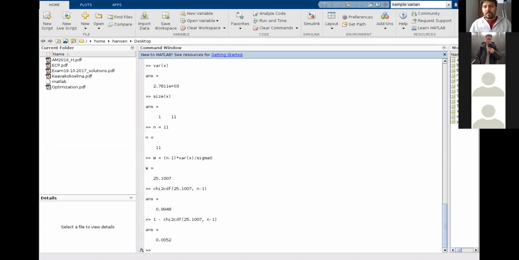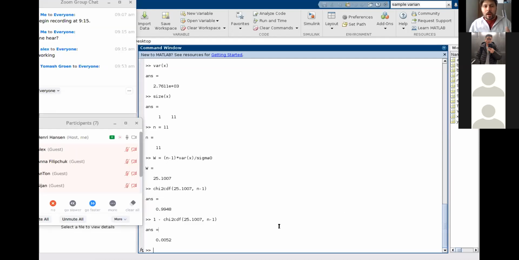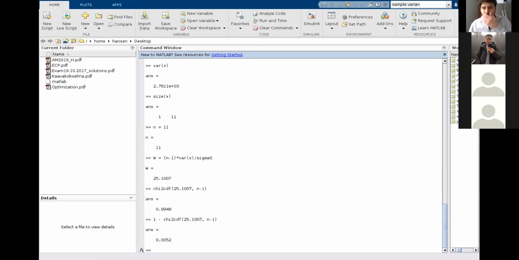Alternatively, I could determine the critical region. And how do I calculate the critical region? In that question, as we have previously determined that this variance is 1100, we want to check whether the variance has actually changed.